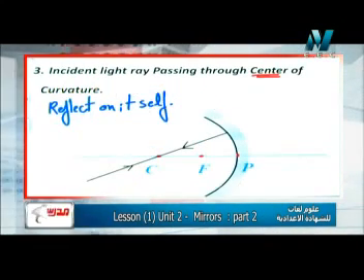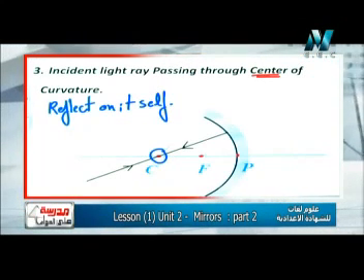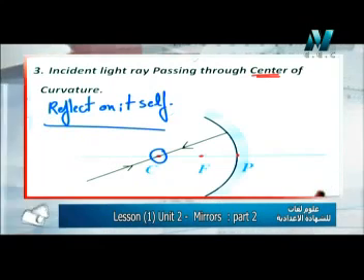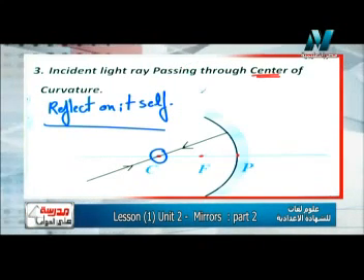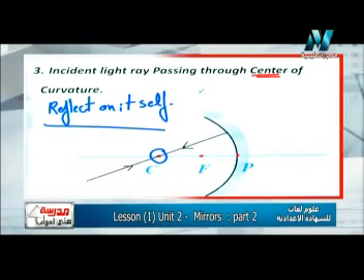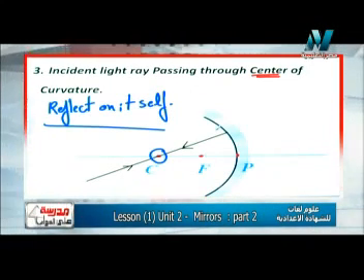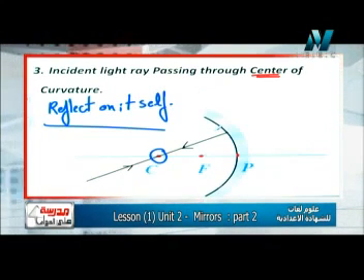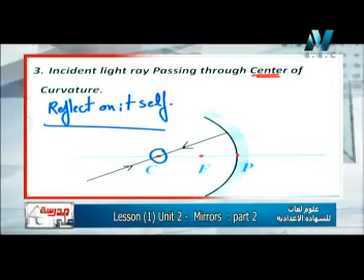And number 3, incident light ray passing through center of curvature reflects on itself. Why? Because we have some problems here to mention the behavior of the image or the properties of the image in front of concave mirror.